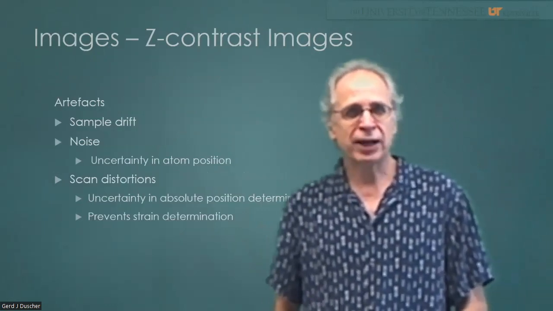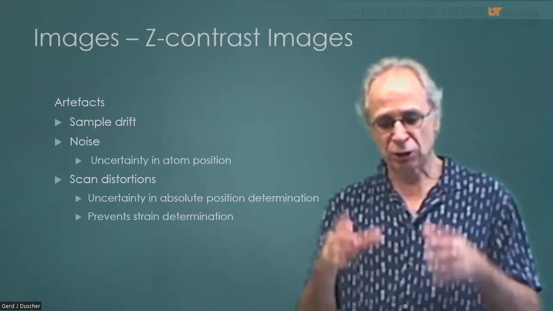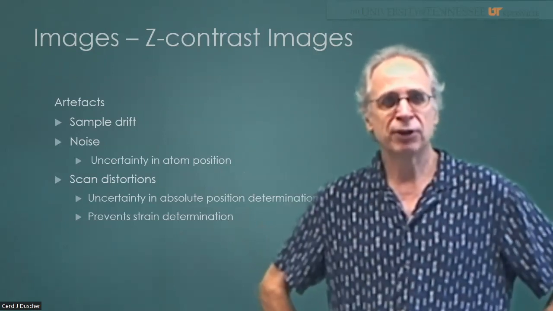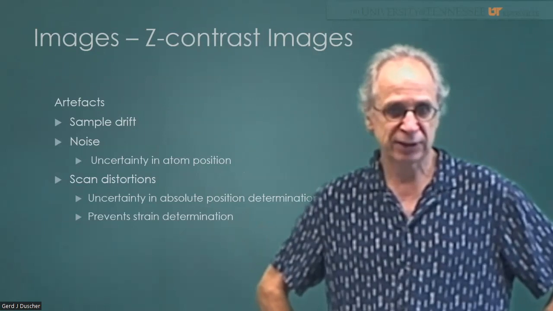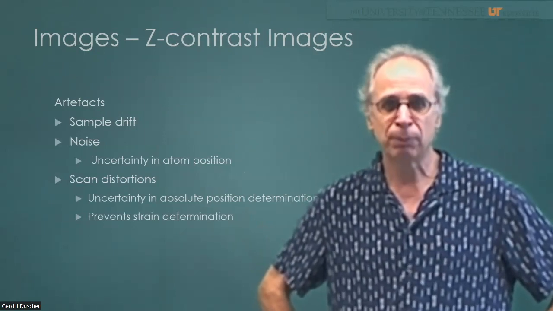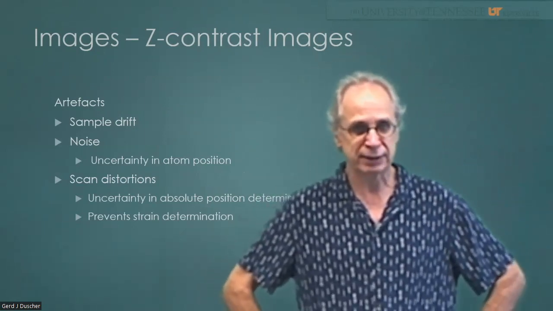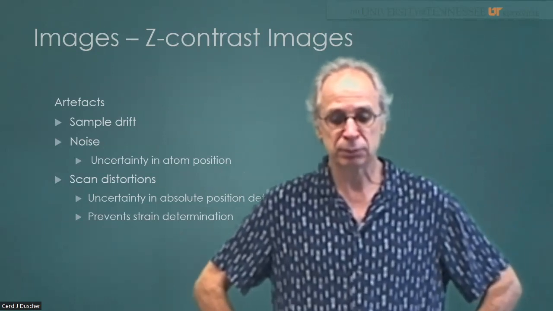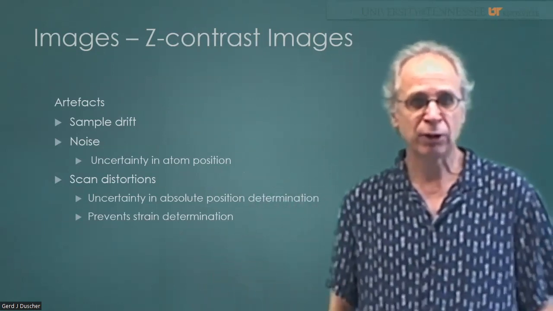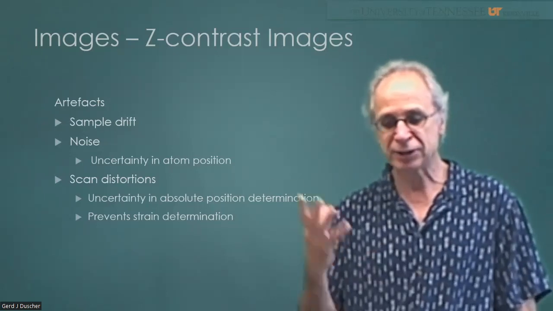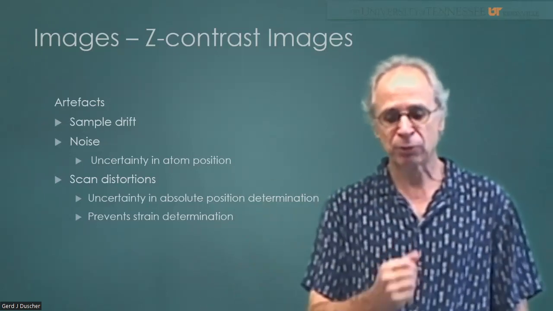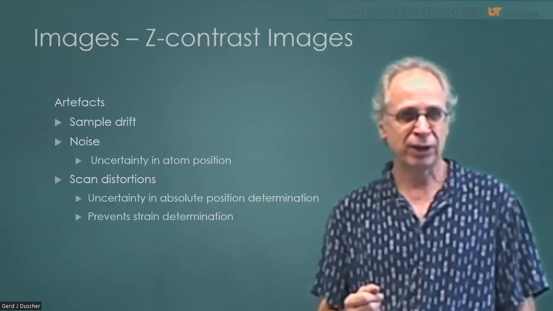If you just take a normal single contrast image, so one image, you have a lot of artifacts, and you will not be able to quantify that very accurately. I mean, your error bars will be large, so you can still quantify it, but it's much better if you do it with an image scan.